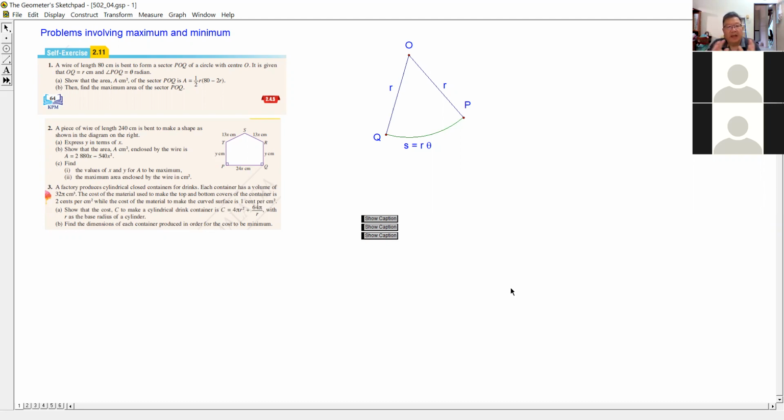But in everyday application, we can also derive a formula for various physical quantities, and we can also find the maximum or minimum value of the physical quantities, whether it's volume or area or length and so on.